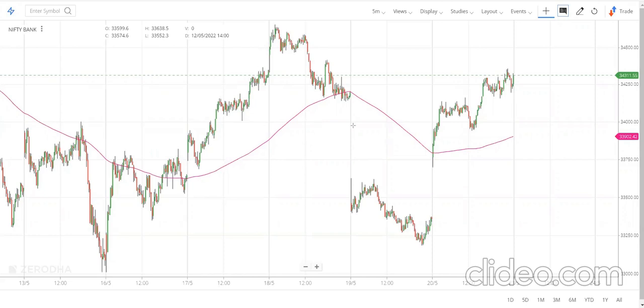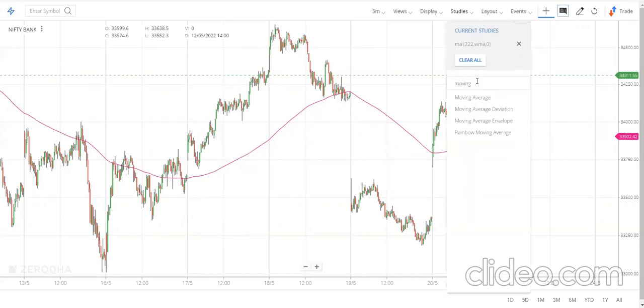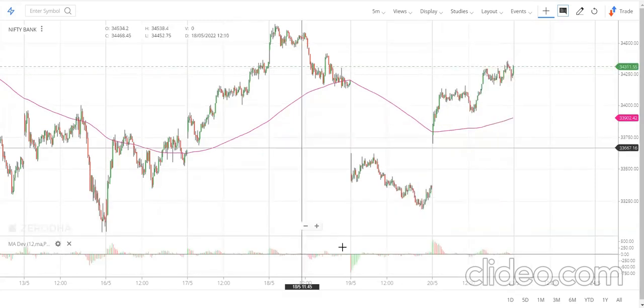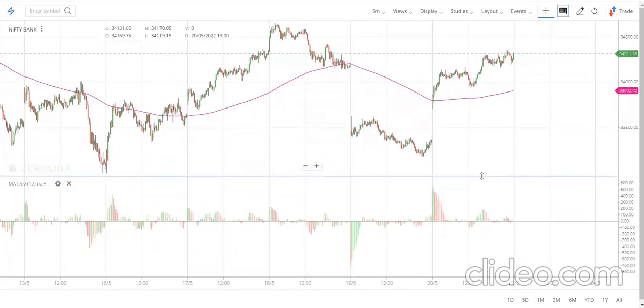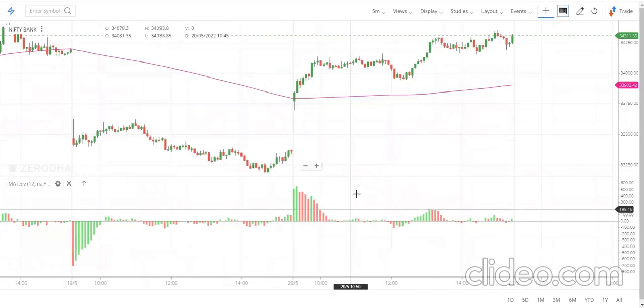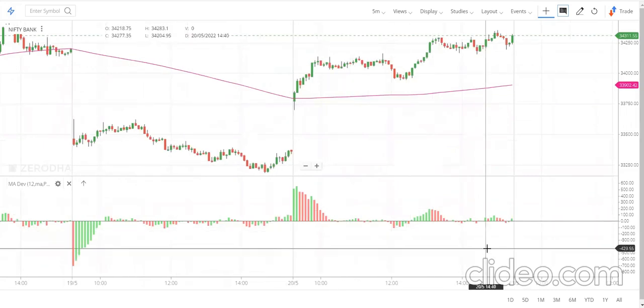Now, how do I use the moving average deviation? You would have seen that my screen looks like this whenever I post these charts.